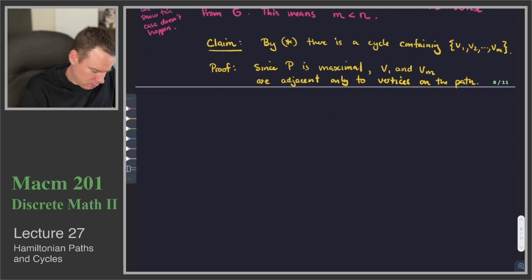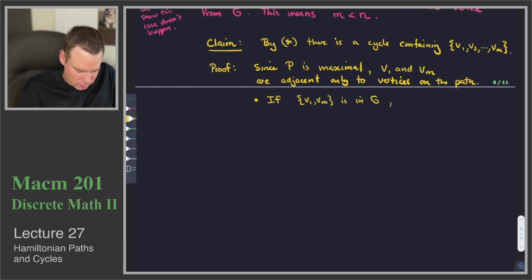So what that means is that we basically have, again, a couple of cases. If edge V1, Vm is in the graph G, then we are done.